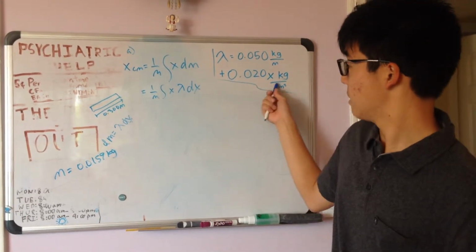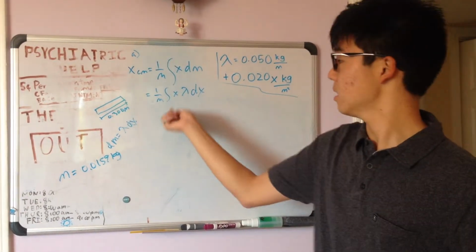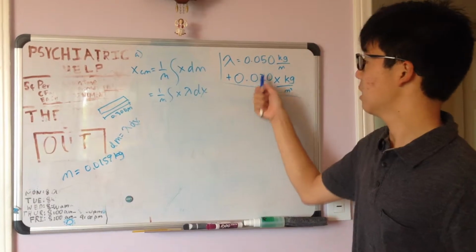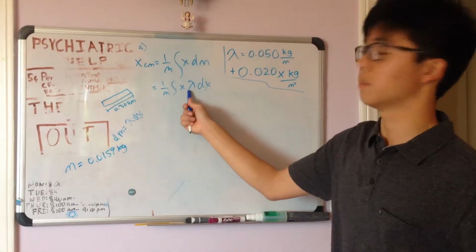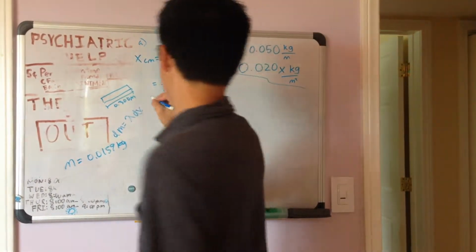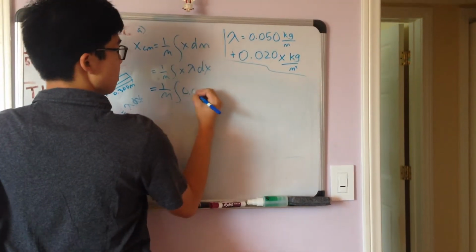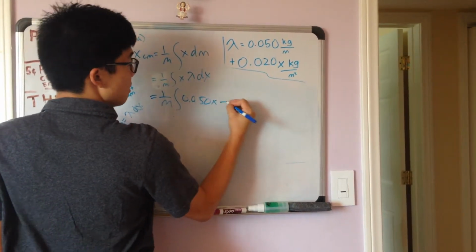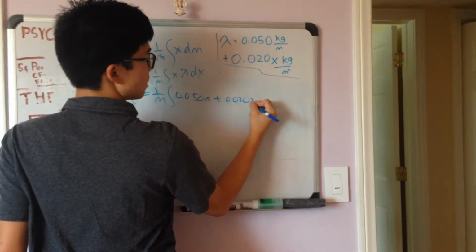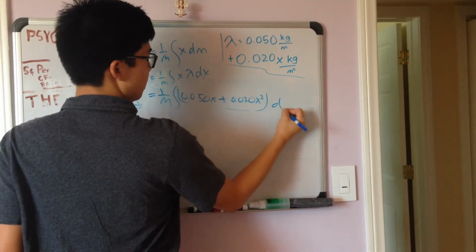And we have lambda here, so once again we're going to have to plug in lambda. I'm going to go ahead and plug in what they give us for lambda and then multiply it by x. So what we're left with is 1 over m times the integral of 0.050x plus 0.020x squared, quantity dx.